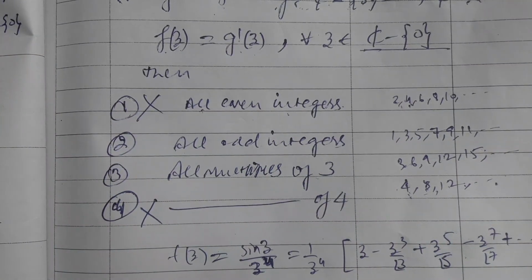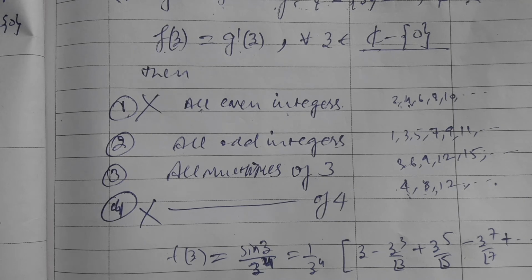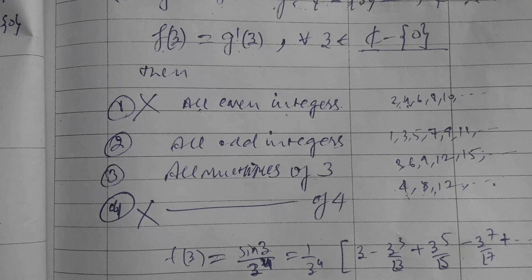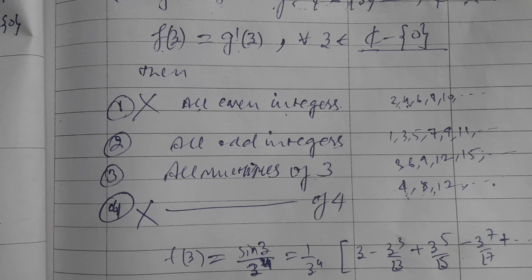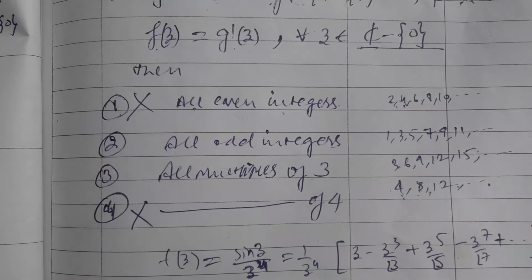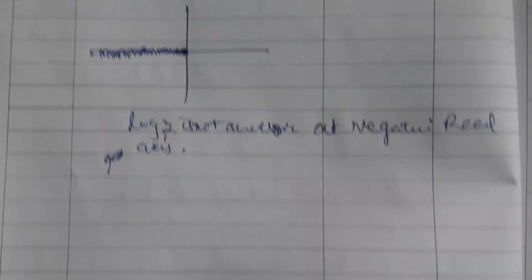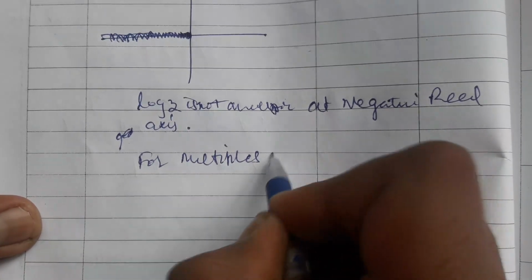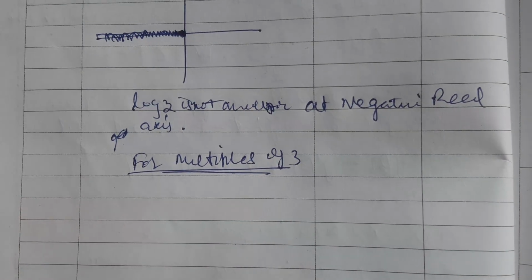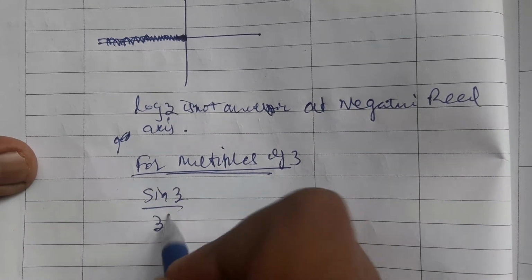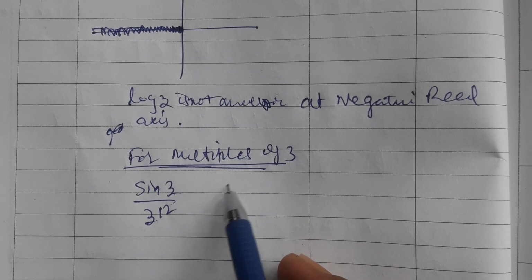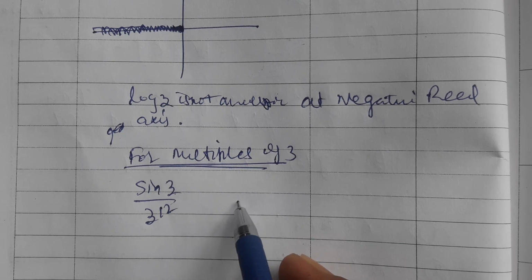Now the third option says all multiples of 3. We know that there exist multiples of 3 which are also multiples of 4. Let me give you a trick for multiples of 3. Take sin z upon z^12. Since z^11 comes in this expansion, 1 upon z remains.